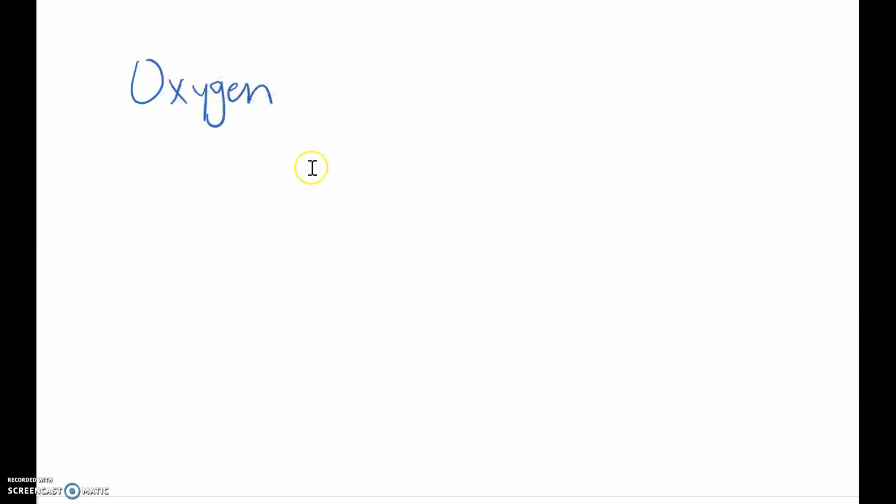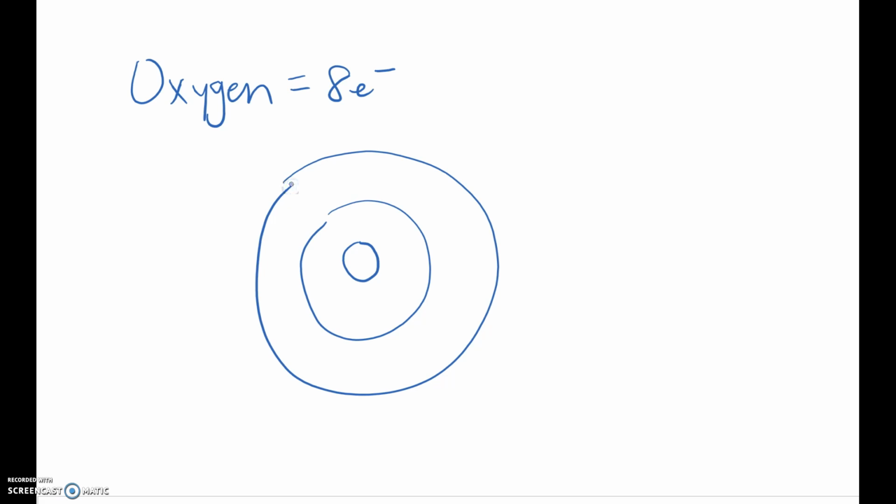Okay, oxygen is in the second row of the periodic table, and its atomic number is 8, so it will have 8 electrons. So if I'm drawing the Bohr model for that one, I'll have my oxygen symbol. I'll only have 2 rings around it because it only has 2 energy levels. I can fit 2 in the first ring, and I can fit up to 8 in the second ring, but I only have 6 left over, right?